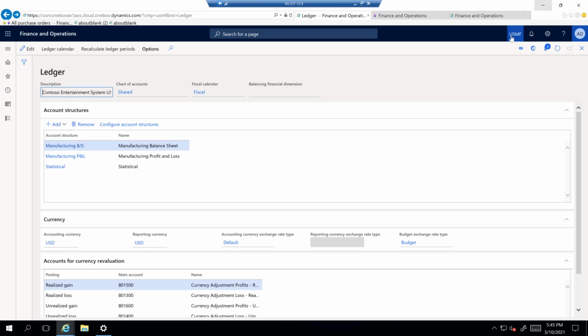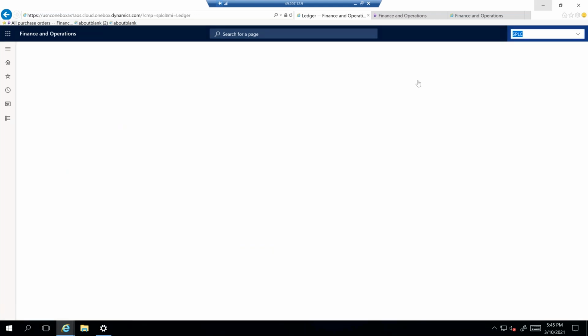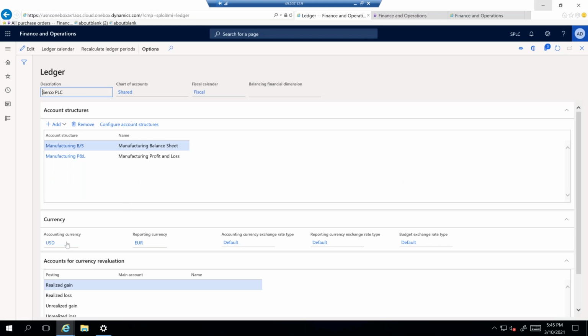We'll do this process in SPLC because we have two different currencies, so that we can understand, USD and euro. In this case, I will do it from INR.